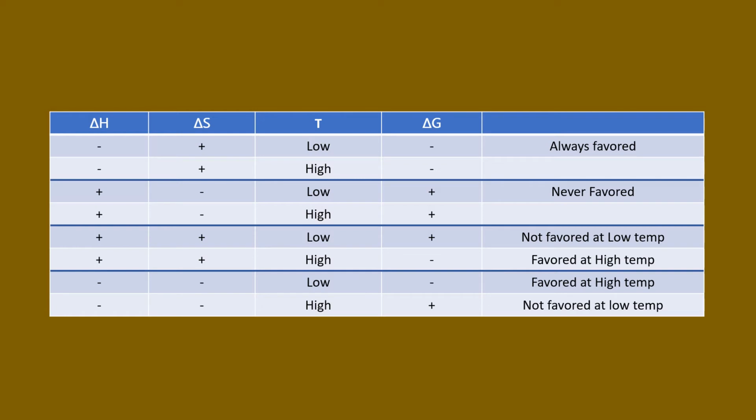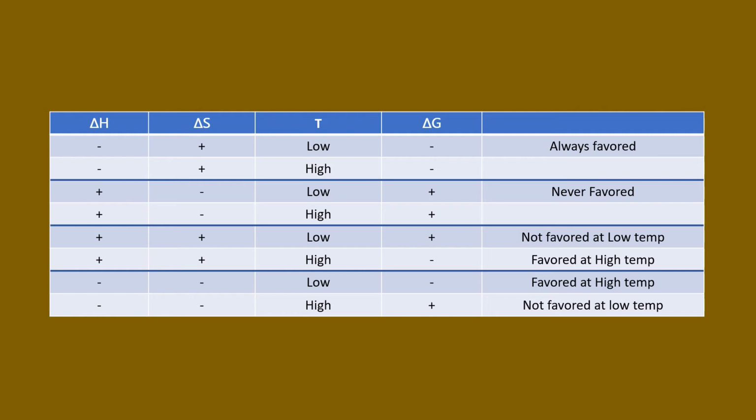Okay, this is just a chart. If delta H is negative and delta S is positive, then it's always favored, whether the temperature is high or low.